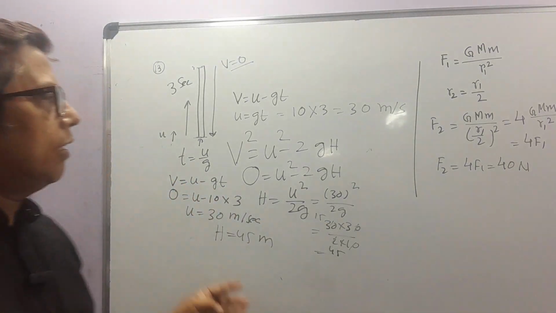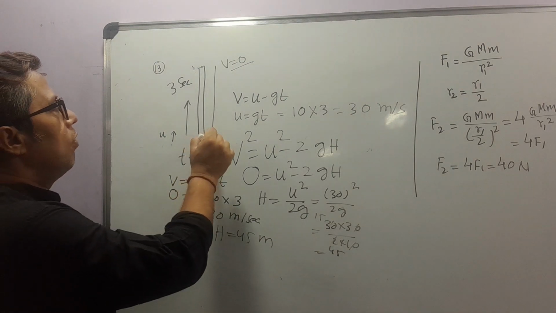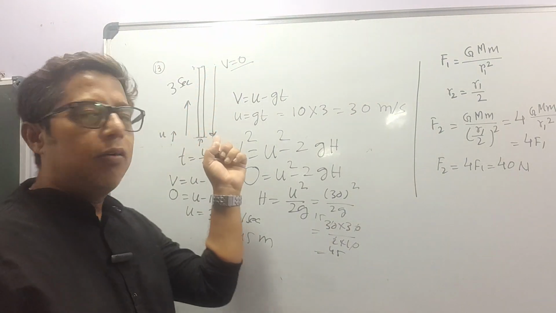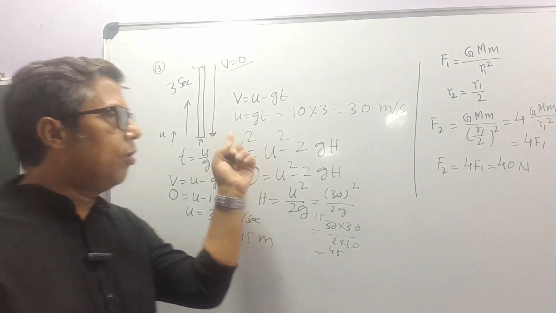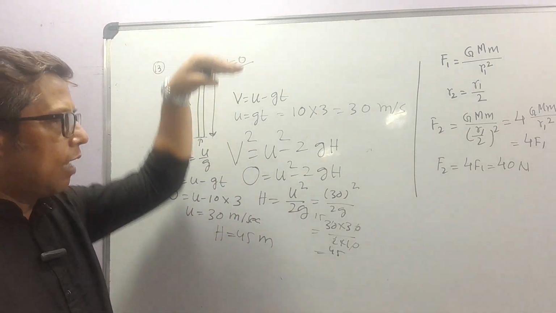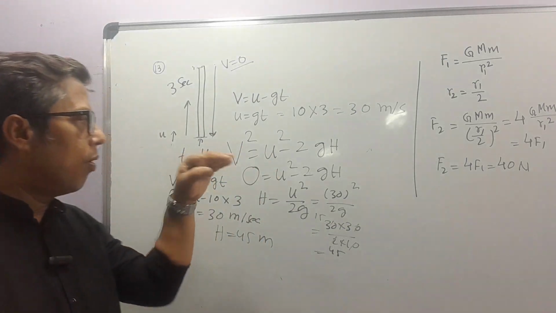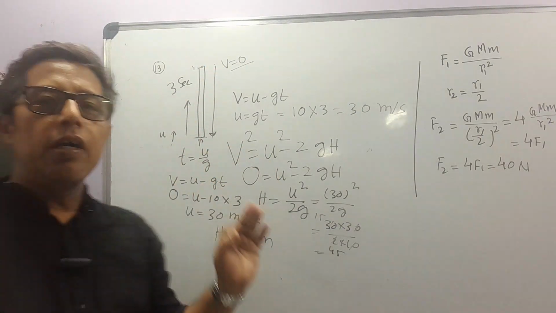Okay. Now the object will go to the maximum height in 3 seconds and again come back to the initial position in 3 seconds, because the time of rise and the time of coming down are the same. The total is 2u by g. From here to here it will take u by g.